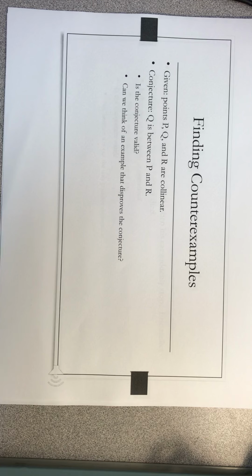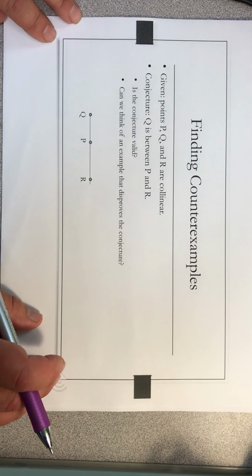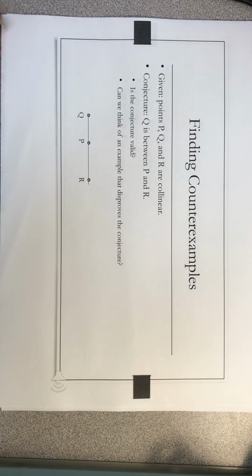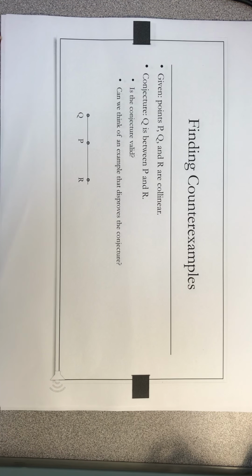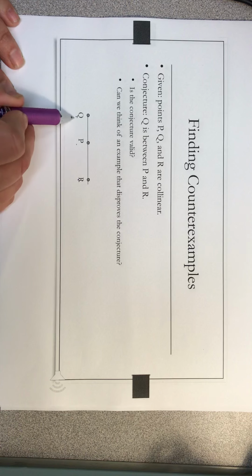And hopefully you're actually taking the time to try and work that out in your notes. But here's what I think. I can think of an example where P, Q, and R are collinear, but Q isn't between P and R, right? Because Q, P, R, they can be collinear in this order.